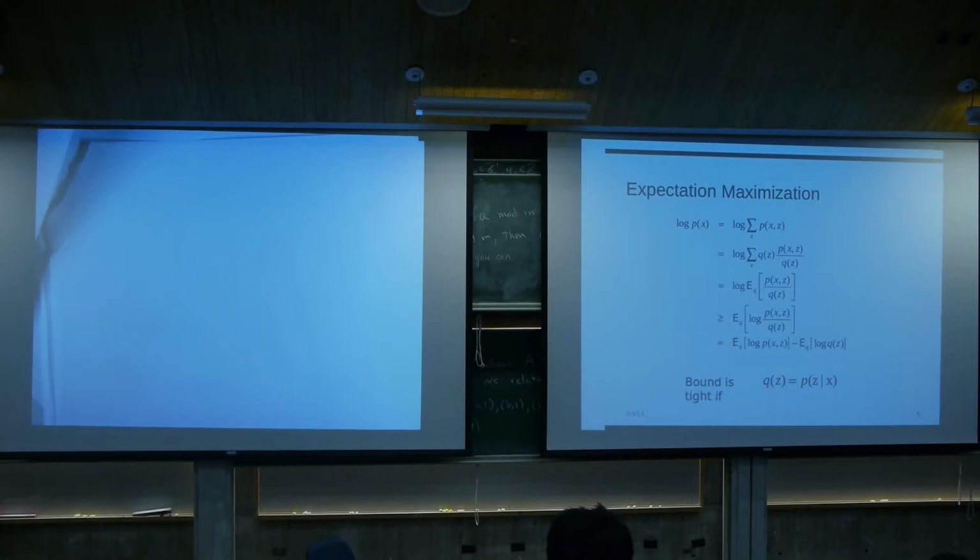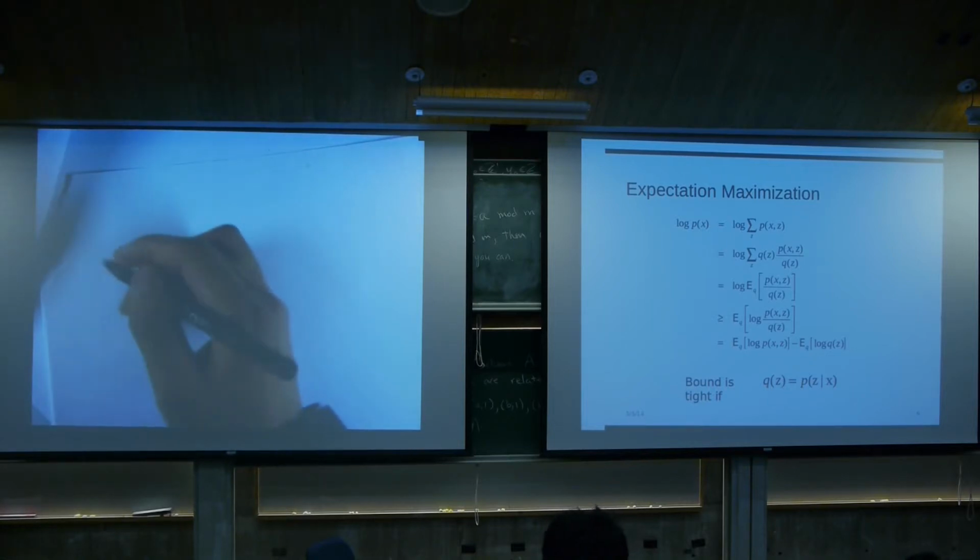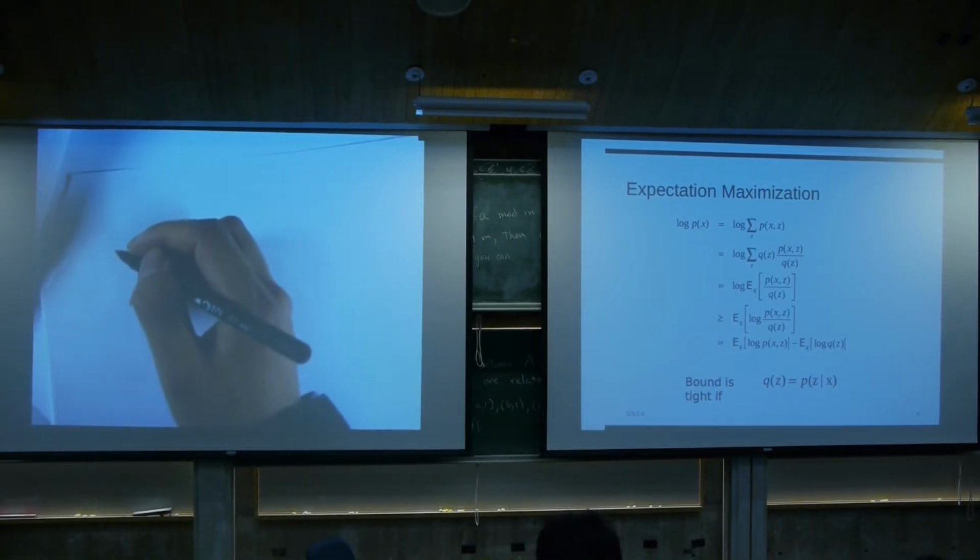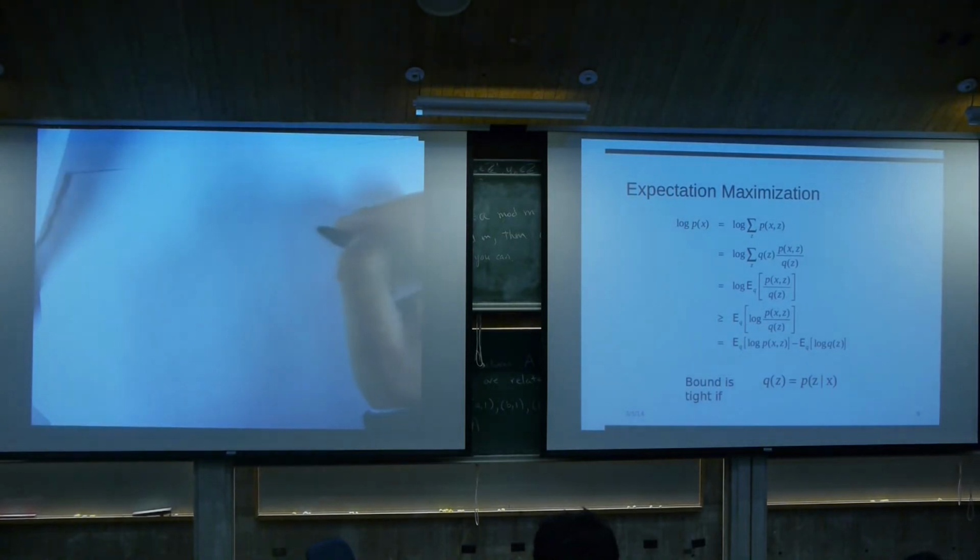No. So basically, what Jensen's inequality says is that if we have a function f which is concave, you covered convex and concave functions, right?